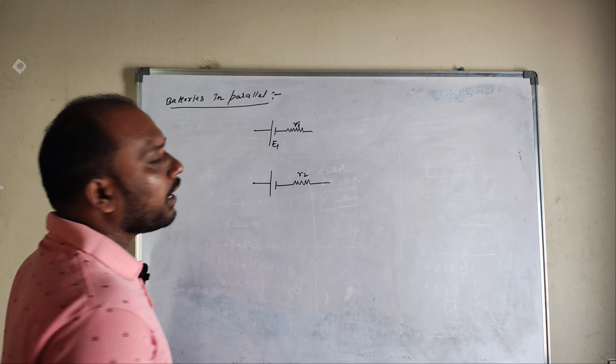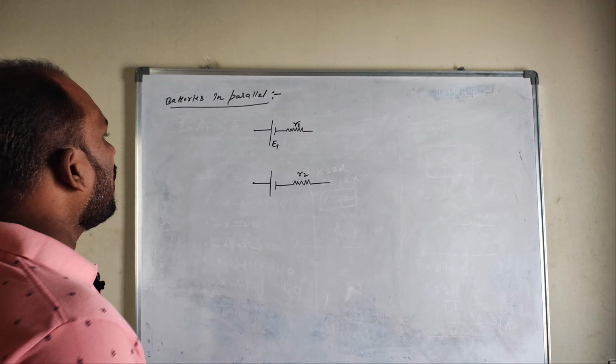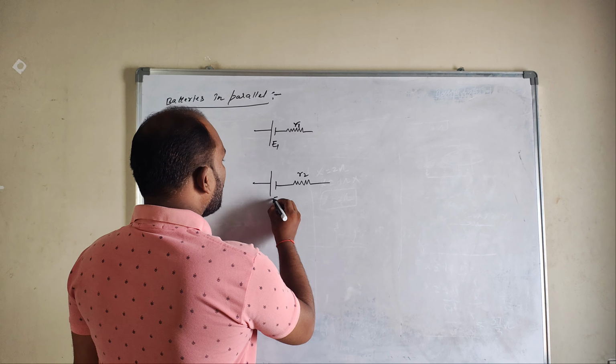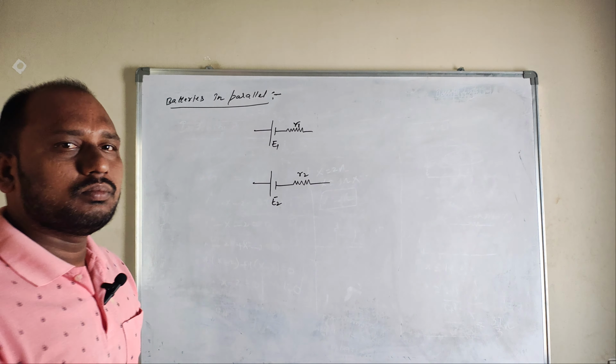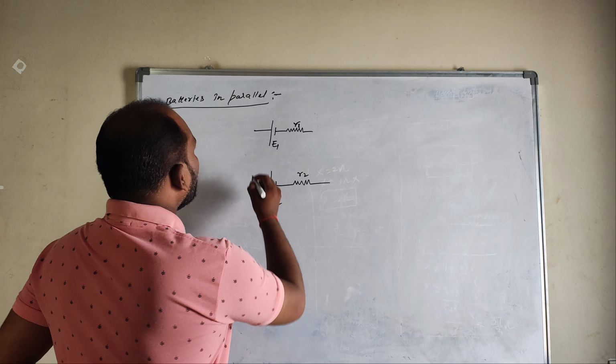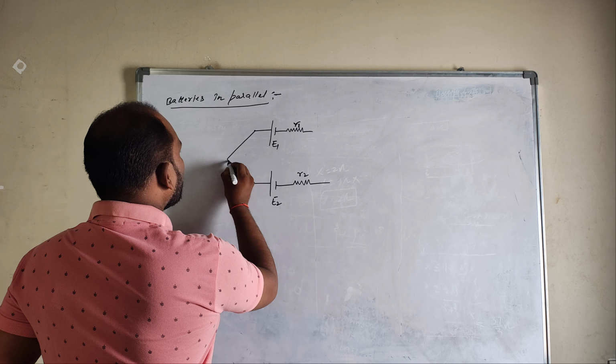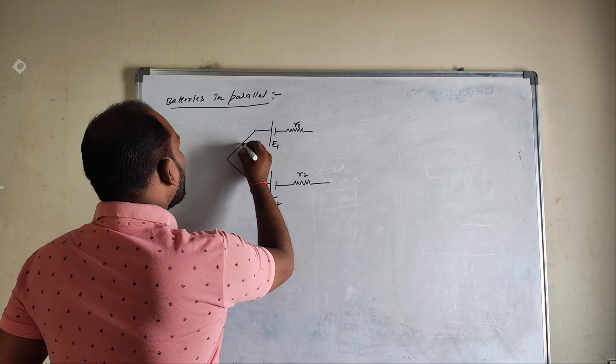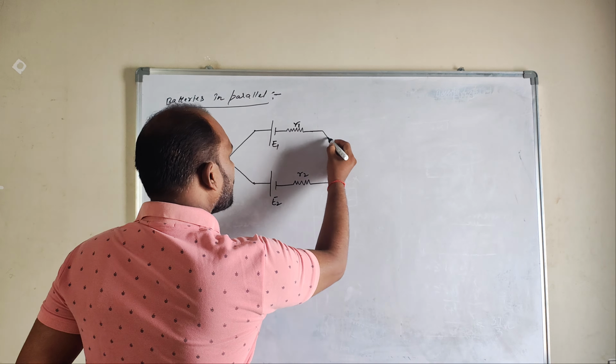R1 is the internal resistance, and R2 is also an internal resistance, with EMF of E2. I have to connect these in the form of a branch manner.